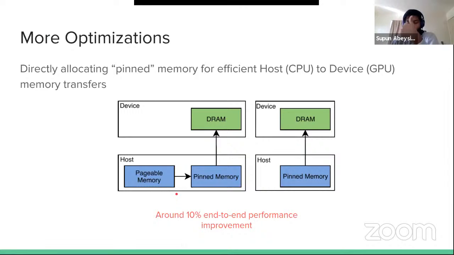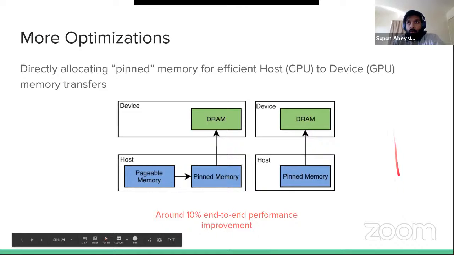Whenever we are copying data from the CPU to GPU, the CUDA engine would temporarily allocate a region called pinned memory, and then copy that data into pinned memory, and then that memory from the pinned memory will be copied to the DRAM.